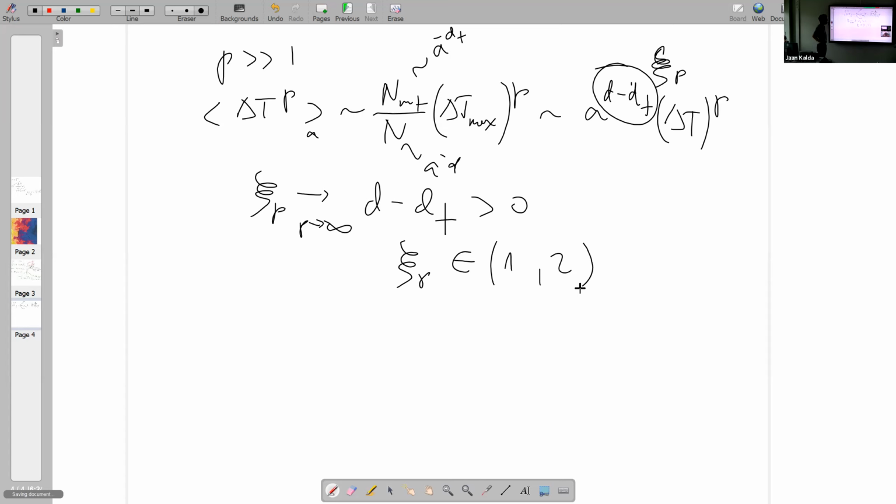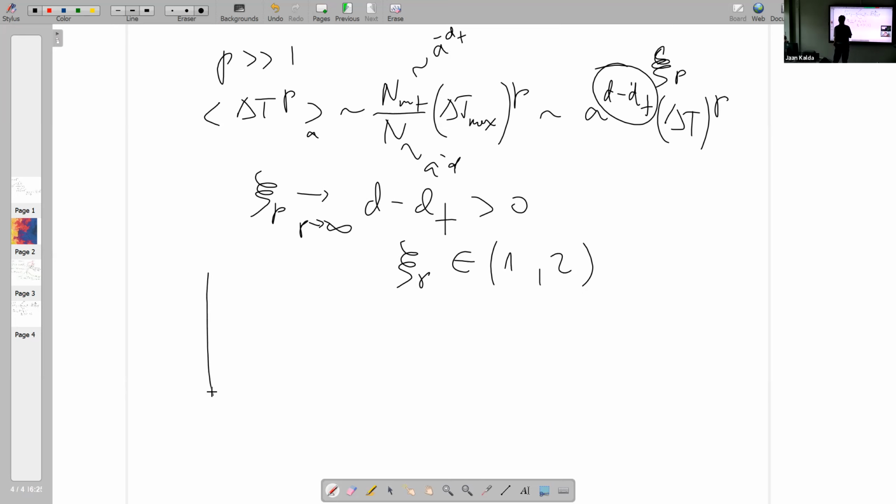Now, okay, the question is whether this picture is true or not. So Sarah's paper studies this and believes it to be true. My own result is slightly different. According to mine, if P goes to infinity, psi of P goes to an asymptotic value, which is d minus d_f.